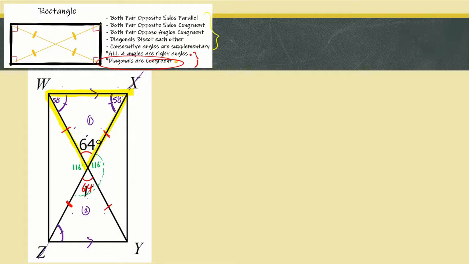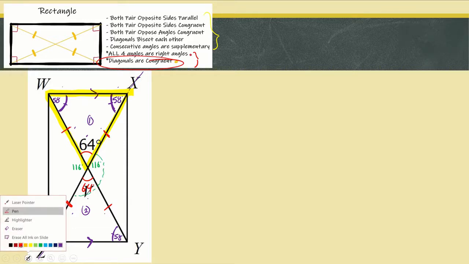And so since they're alternate interior angles from parallel lines, then they are going to be congruent. And for the same reason, this angle here is going to be exactly the same as the angle there because they are alternate interior angles, or once again, you can recognize that they're congruent.